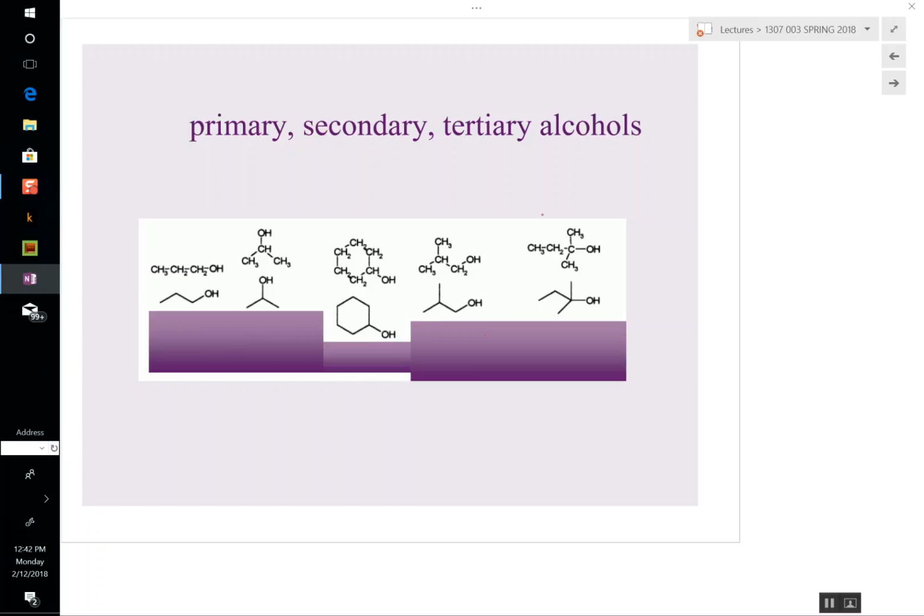It's actually on the first. Okay? It's on the first carbon. Which makes it a what? Primary. It has only one carbon attached to the carbon that has the OH on it. That's what makes it primary.